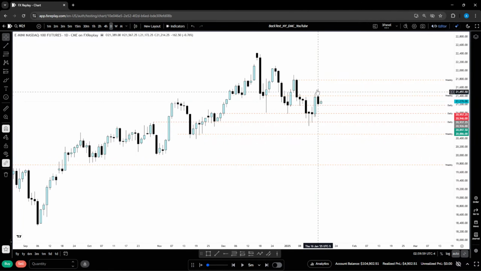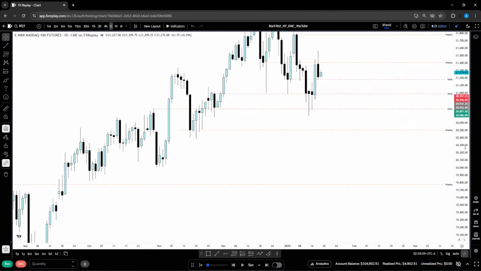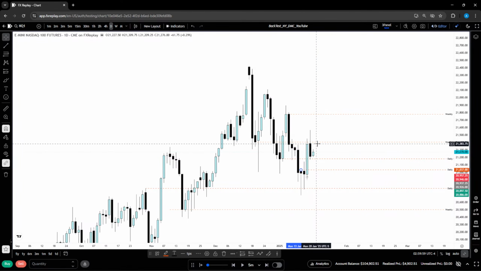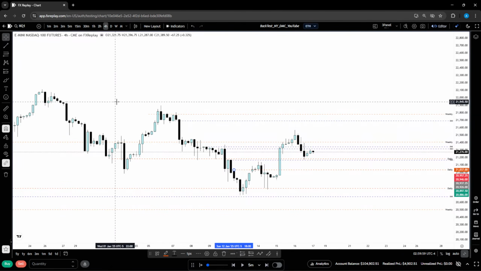So this move up is now being retraced. There's one daily level here. We have these daily levels. What do we have in 4 hour?